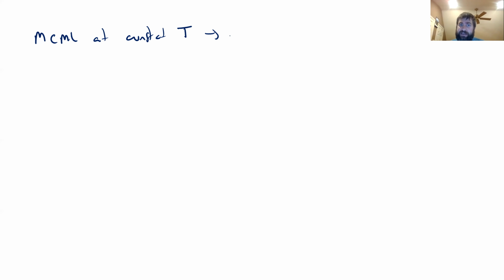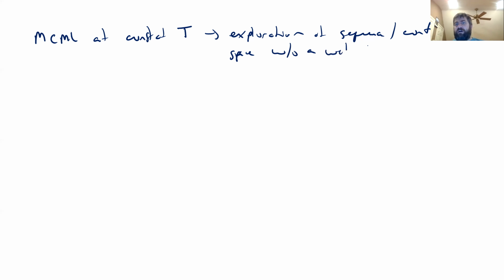It's going to be an exploration of this sequence conformation space, but without giving us a well-defined minimum.